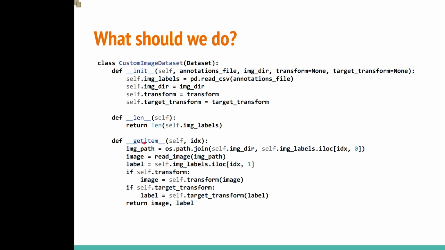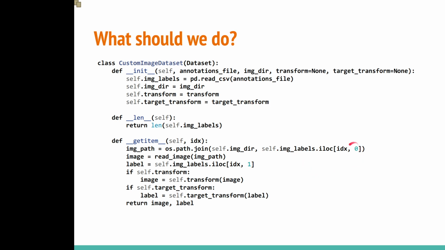And then we can define a get item function to read the data. In the get item function, we specify the index of the image, and we use this index to get the file name. Inside this CSV file, there are two columns.